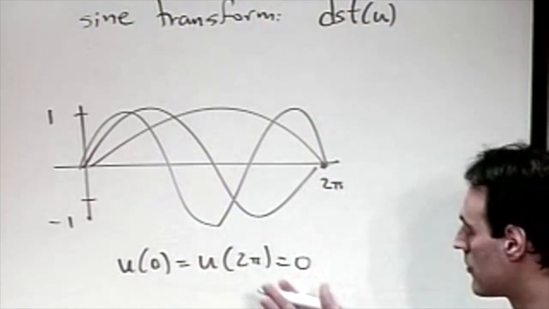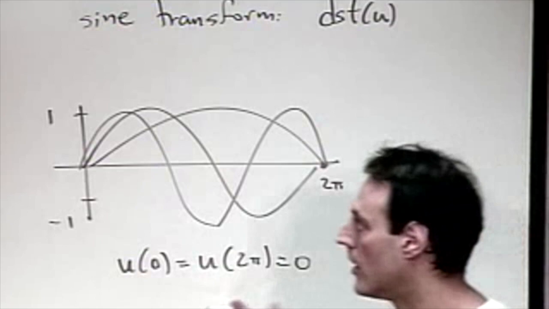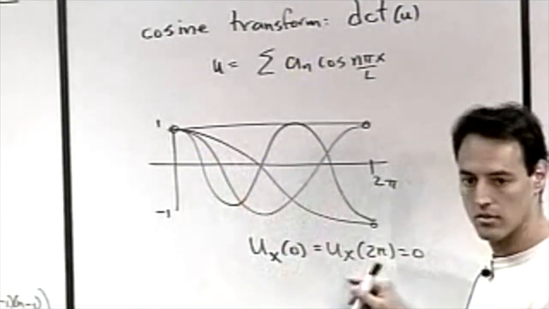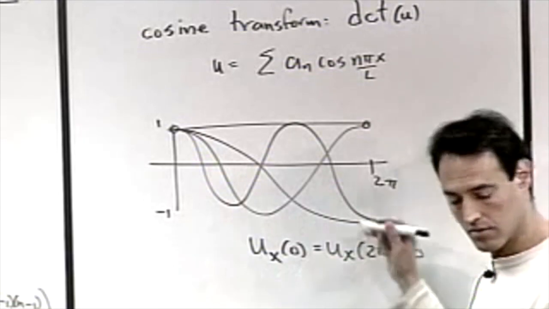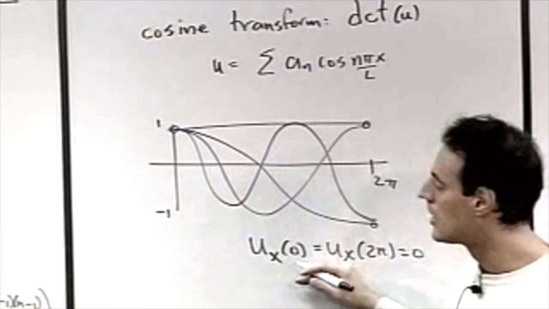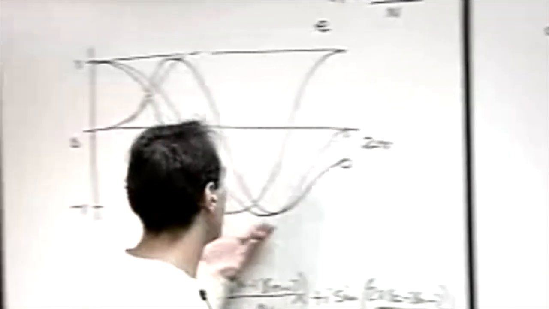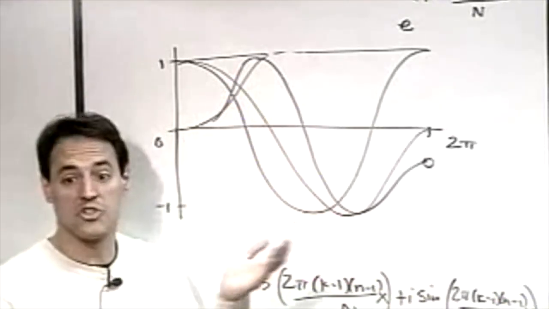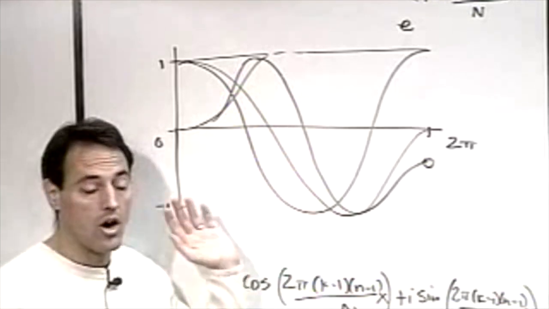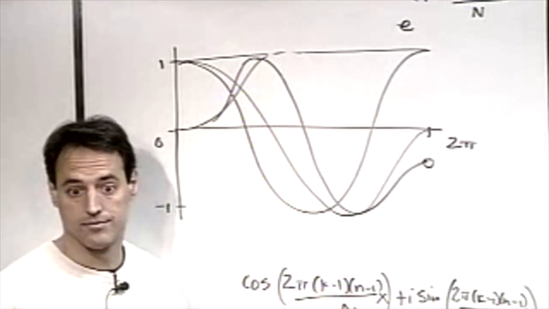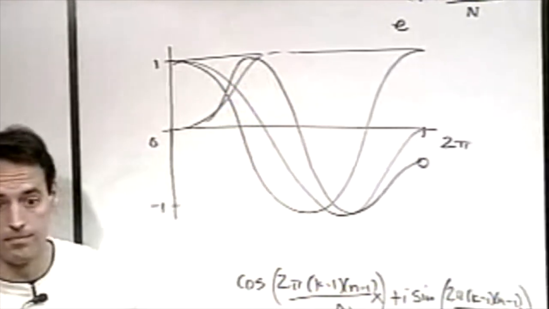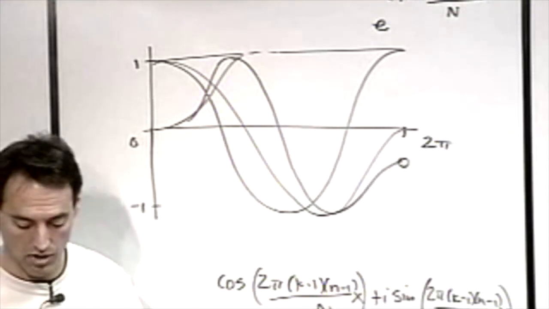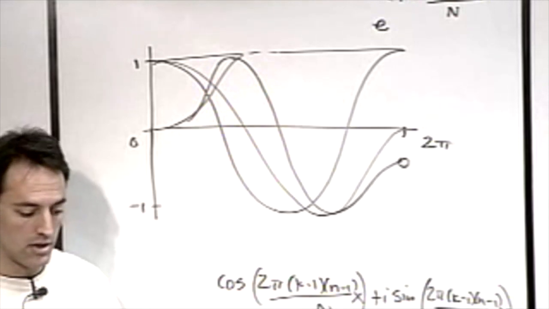So the discrete sine transform, pin boundaries. Discrete cosine transform, cosine expansion with zero derivative boundary conditions. And then finally, this one here, which is the generic Fourier transform, which expands in terms of both sines and cosines, periodic boundary conditions. Okay? So those are your three flavors of spectral transforms that we're going to consider.